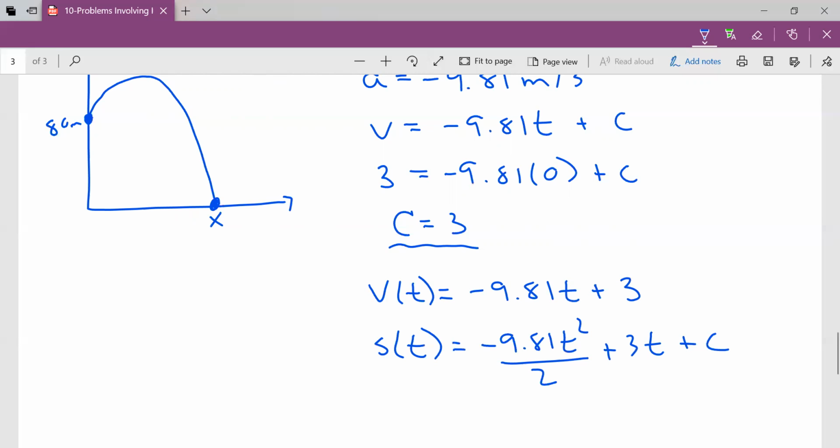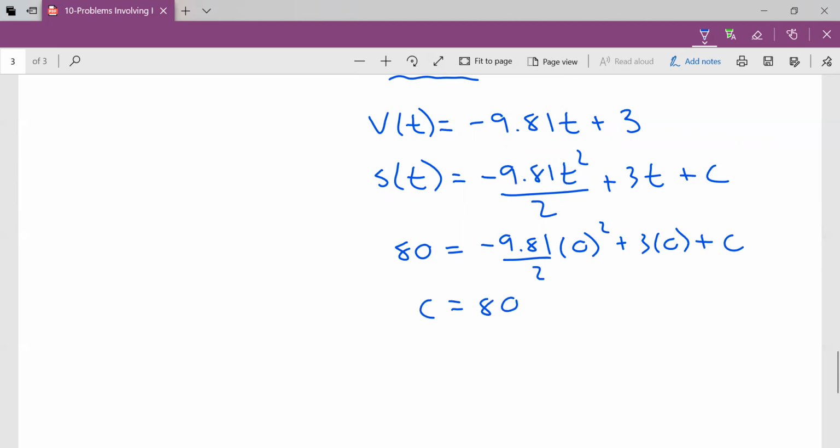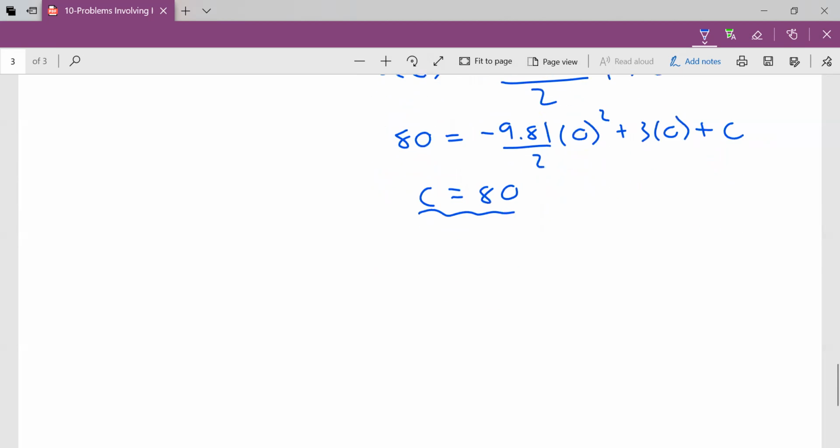And again, there's our differential equation. Again, we've got another initial condition. This thing was launched from a height of 80 meters when time was 0. And so we let t be 0. And our next initial condition gives c as 80. So now we have our position function.